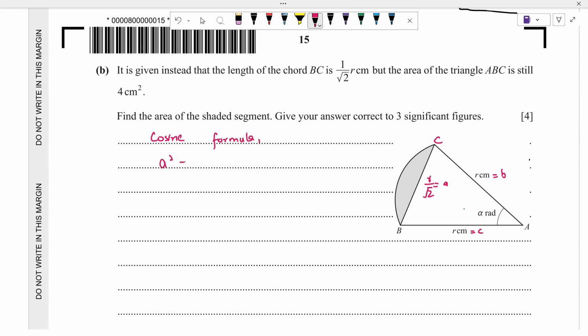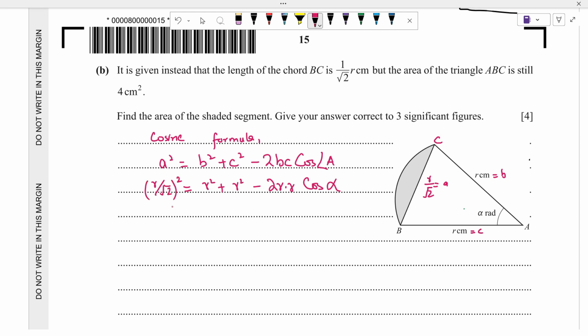a square is equal to b square plus c square minus 2bc cos of angle A. And in this case, b is r, c is r, so r square plus r square minus 2r square cos of angle A, which is alpha, is equal to a square, given as r over root 2 squared.